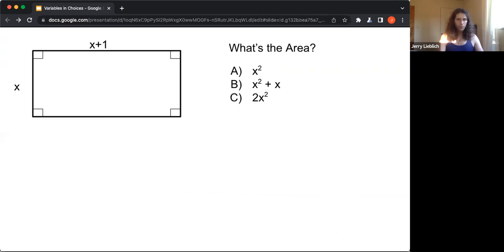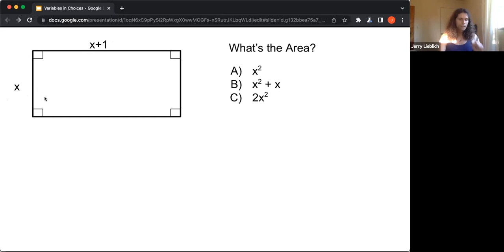So to start with, here we've got a very straightforward question, a little more straightforward than we might see on the GRE, where we're just asked for the area of this rectangle. I would bet a lot of you can find this without much difficulty: you would just do the base times the height.